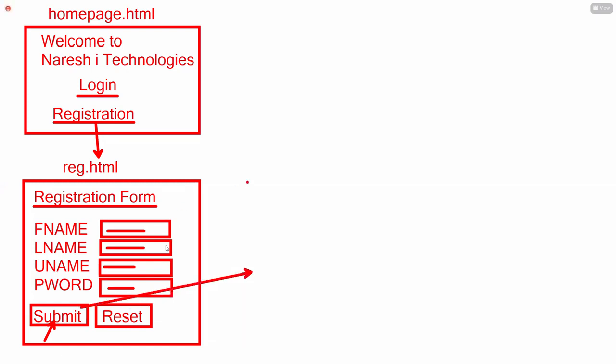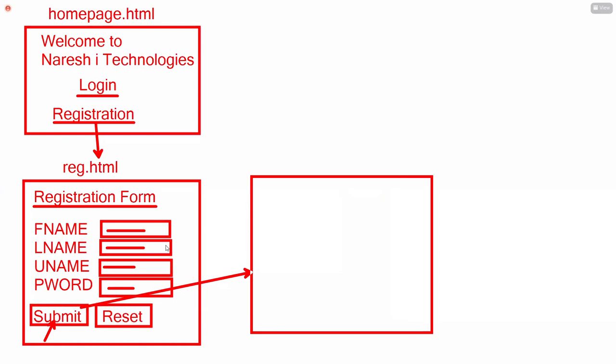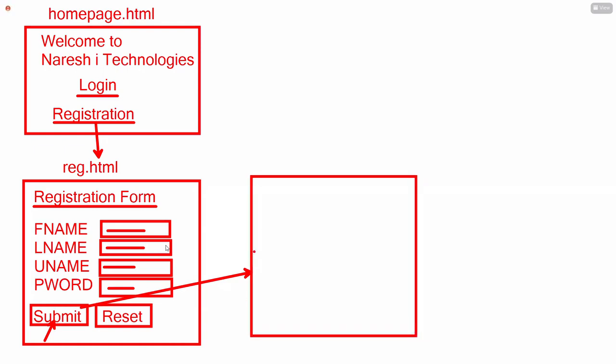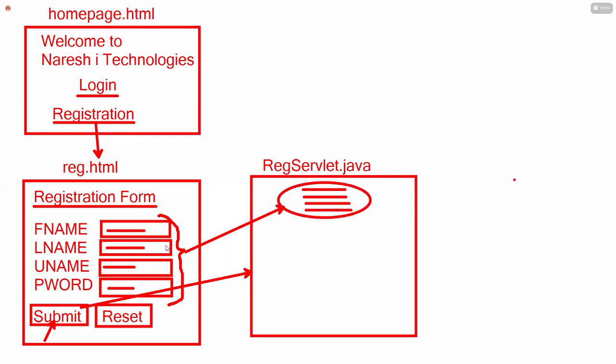This is a servlet, suppose named RegistrationServlet.java. Whatever I entered here will all be received. These are called request parameters. Now servlet request is required. First name received, last name received, username received, password received. After receiving, it is going to be stored in the database.